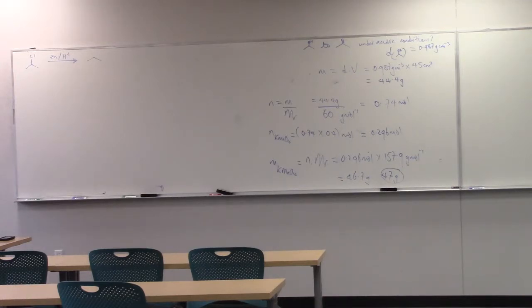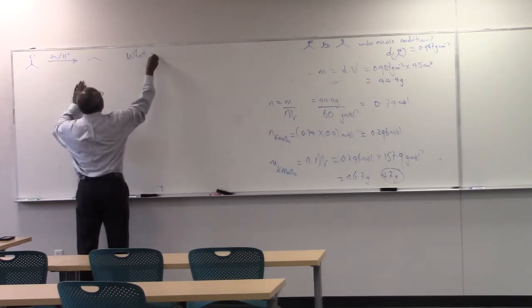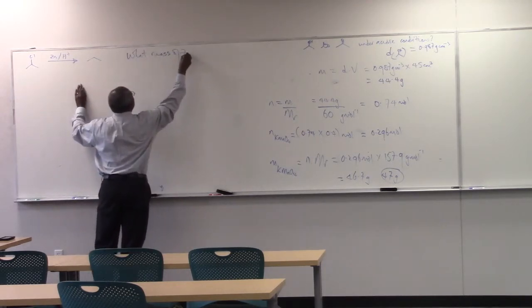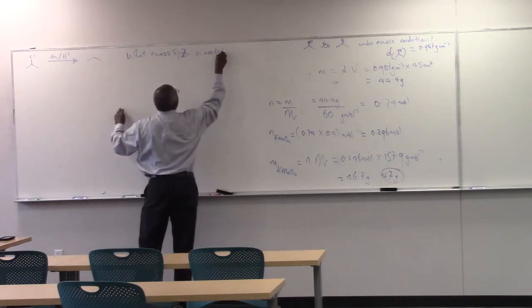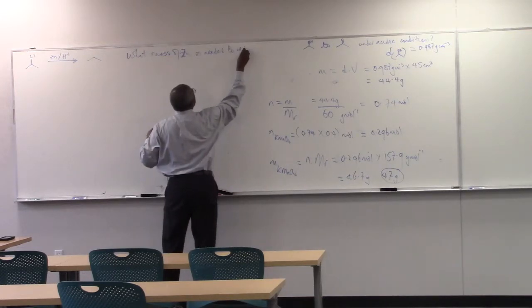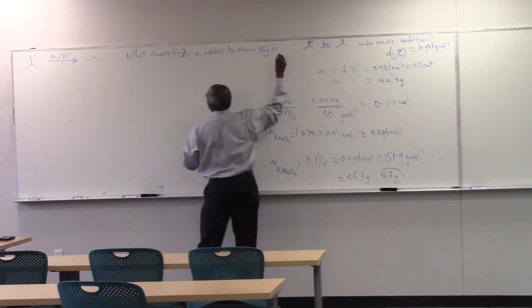So the question is, how many equivalents of zinc do I need to carry out that reaction? And let's just make it a bit more interesting. What mass of zinc is needed to reduce 35 grams of this compound?